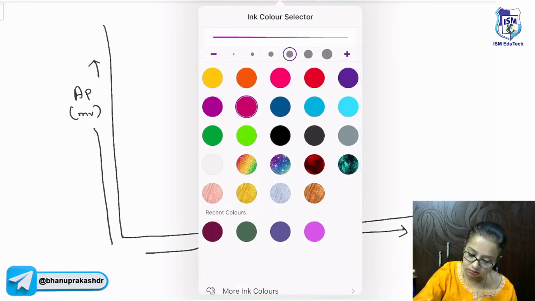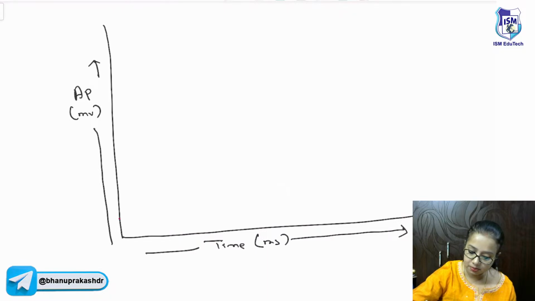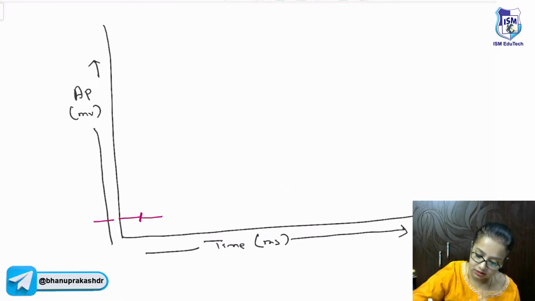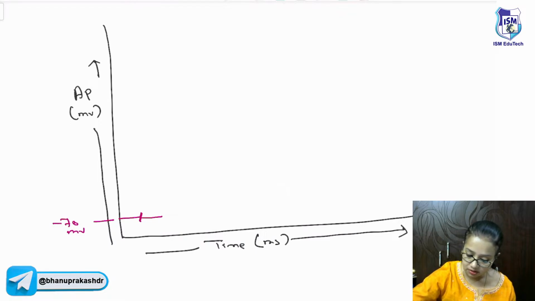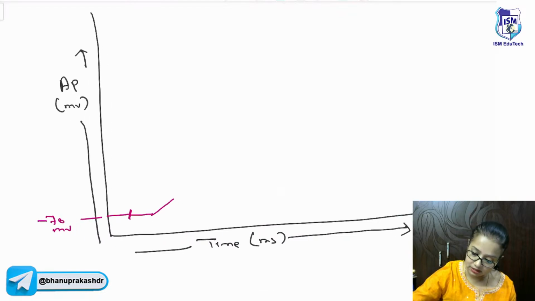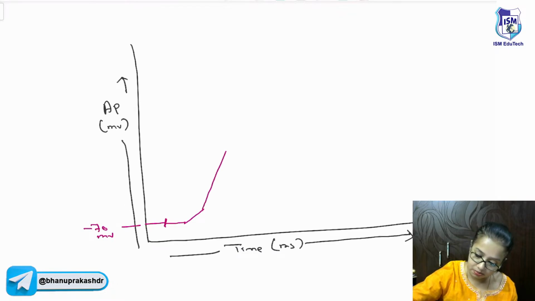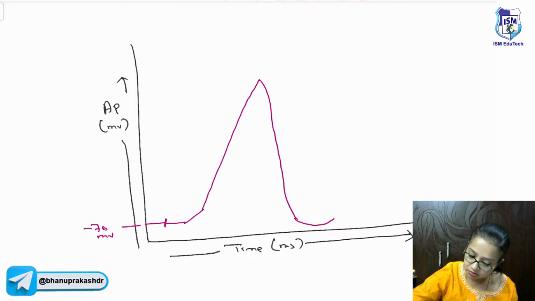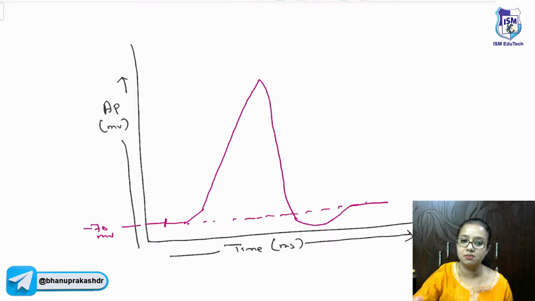Therefore, upon stimulation, say this is the resting membrane potential and the excitable cell is at minus 70 mV. There is a slight rise. After that, there is an upward spike followed by a downward spike which further lags below, and then it gets back to the baseline.